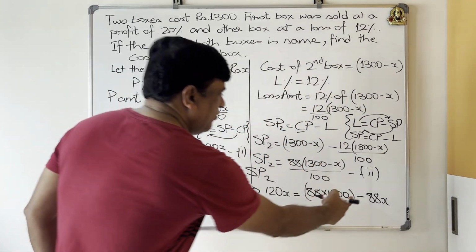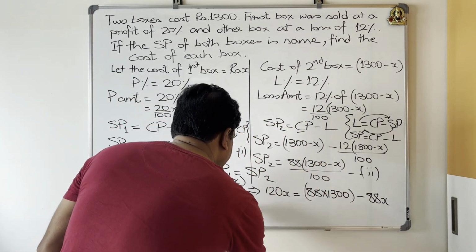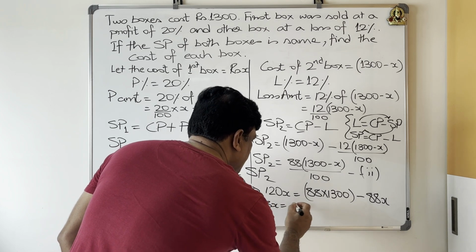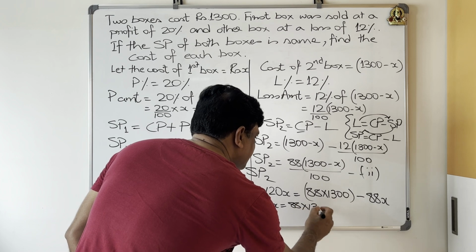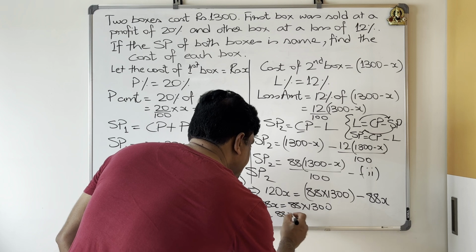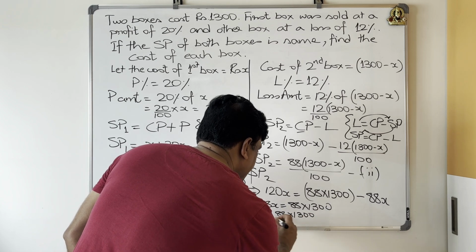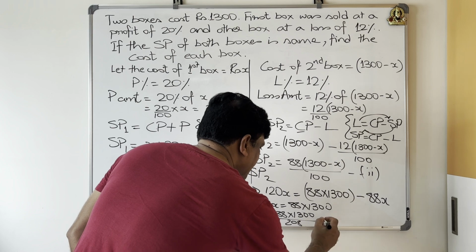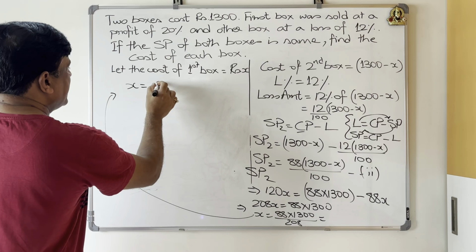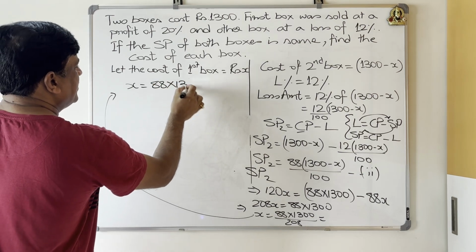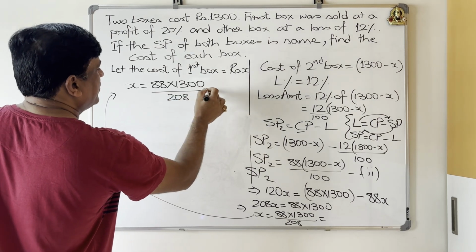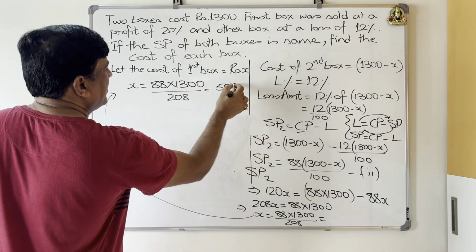So when you want to resolve this, bring this one this side, it becomes 208x is equal to 88 times 1300. So your x is equal to 88 times 1300 divided by 208. When you calculate this, you get it to be 550.